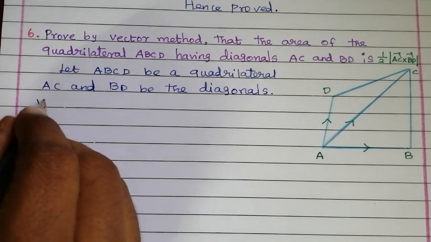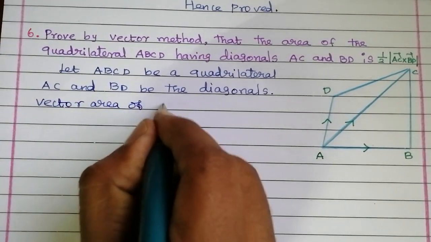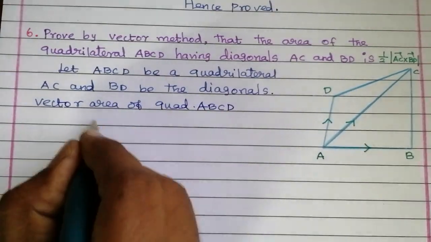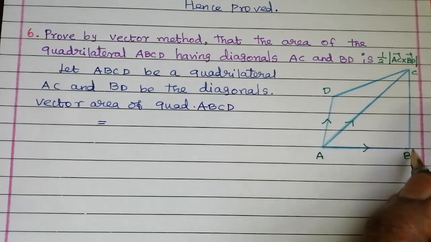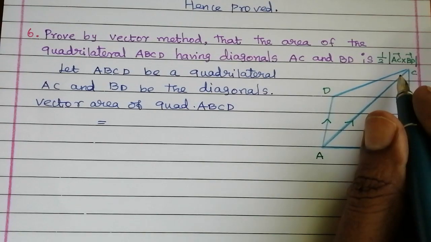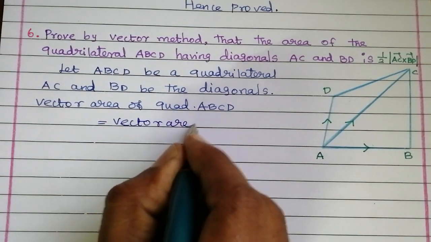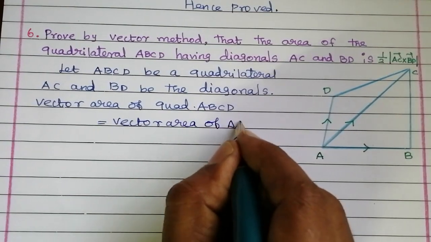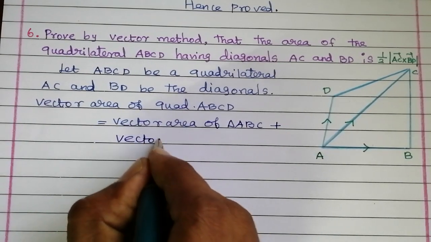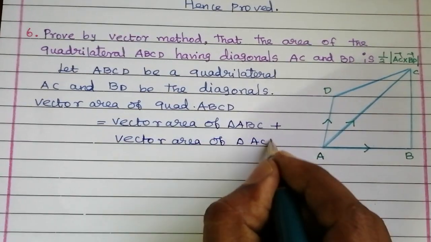So the vector area of quadrilateral ABCD equals the vector area of triangle ABC plus the vector area of triangle ACD.